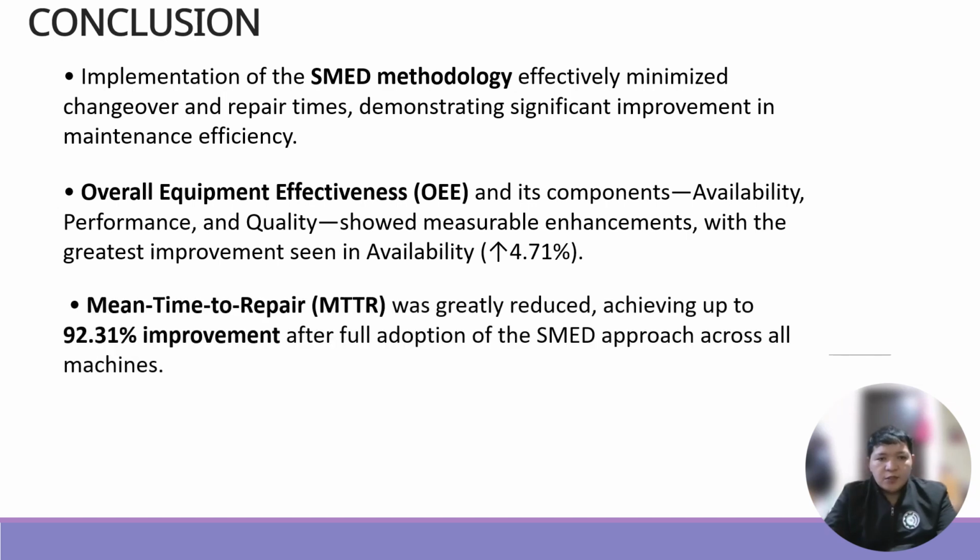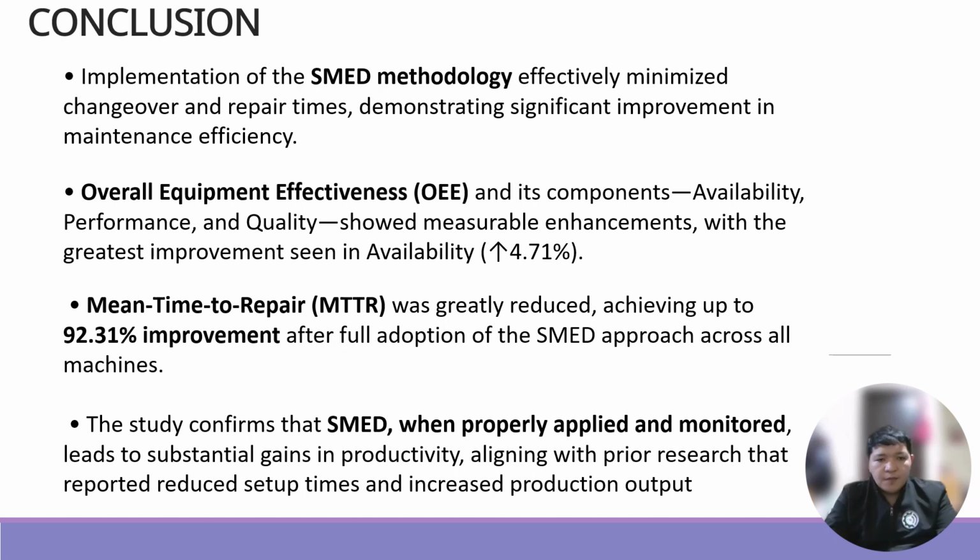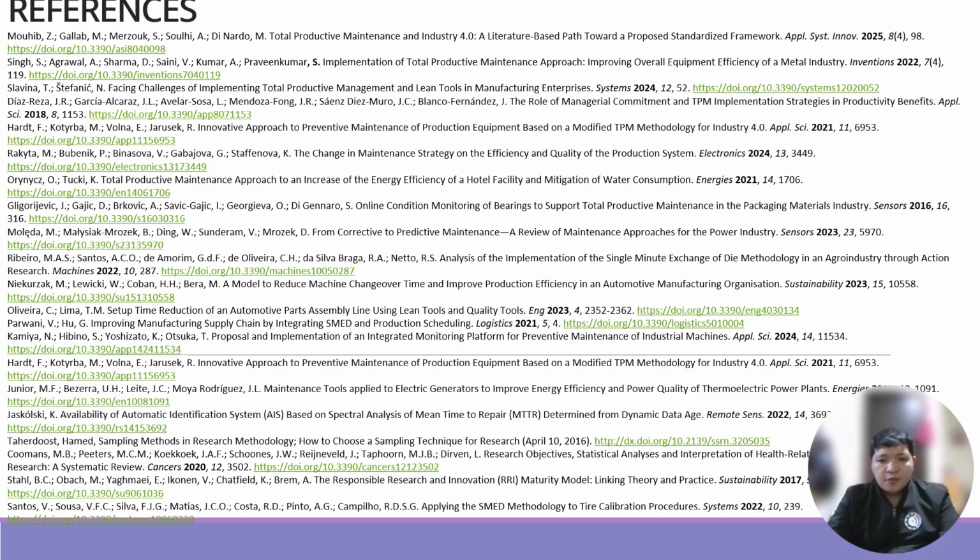The MTTR, or mean time to repair, was greatly reduced, achieving up to 92.31% improvement after the full adoption of the SMED approach across all machines in the production lines. And lastly, the study confirms that SMED, when properly applied and monitored, leads to substantial gain in productivity, in alignment with prior research that reported reduced setup times and increased production. And that's all. Thank you.